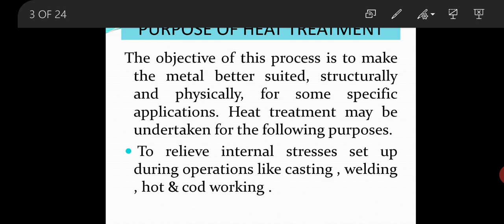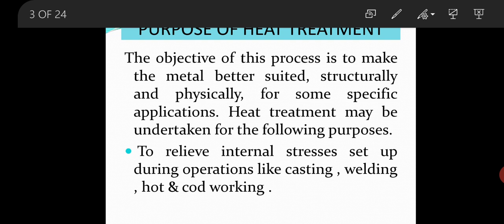Heat treatment may be undertaken for the following purposes. As I have already told, when we form or work on a metal to give it a proper shape, or machine a metal to obtain a particular shape and size, certain changes occur.